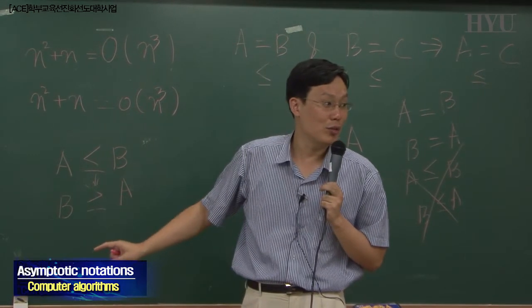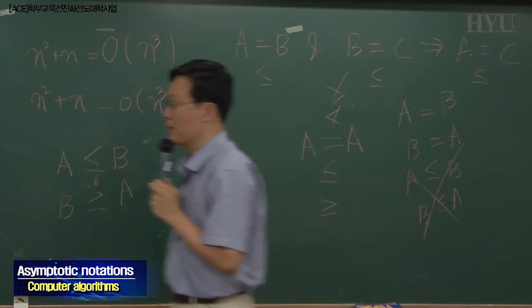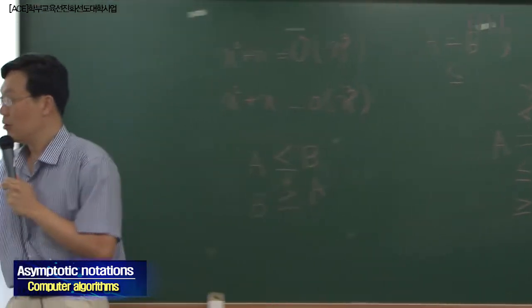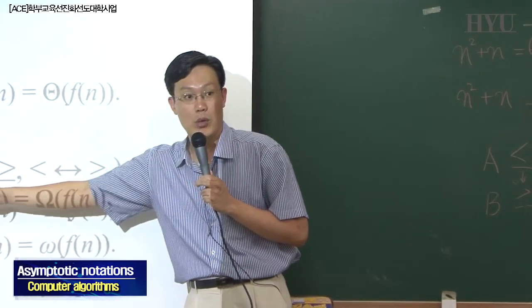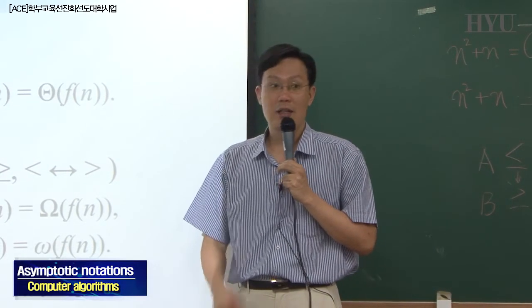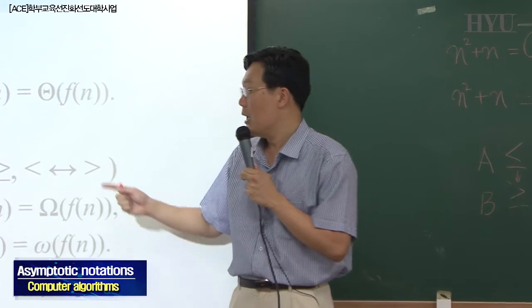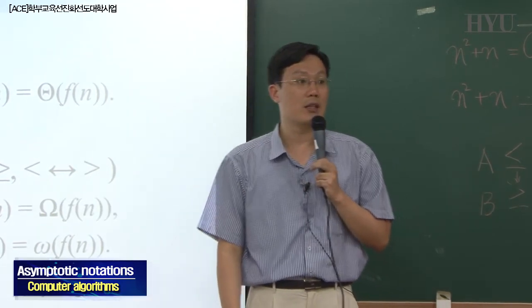So this is called a transpose symmetry. So there is a transpose symmetry between less than or equal to and greater than or equal to. And there is another transpose symmetry between less than and greater than.